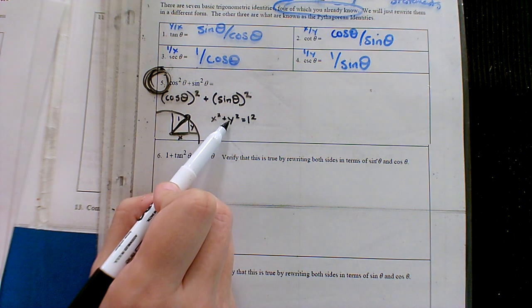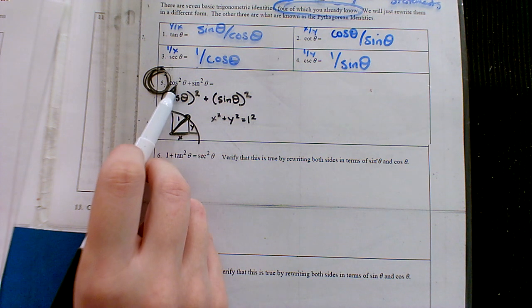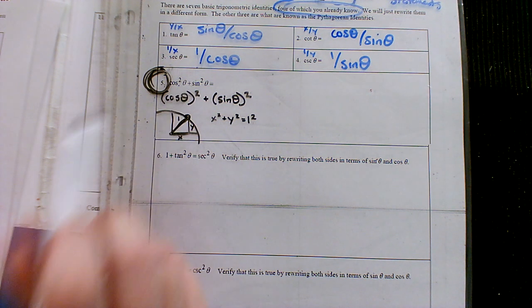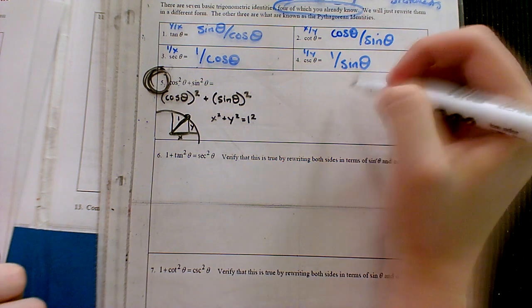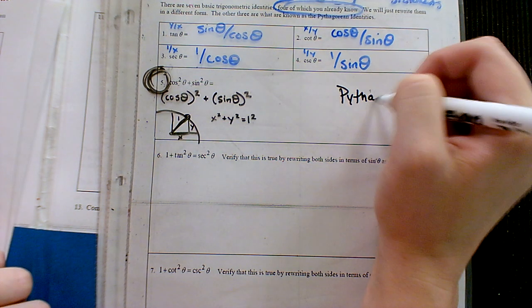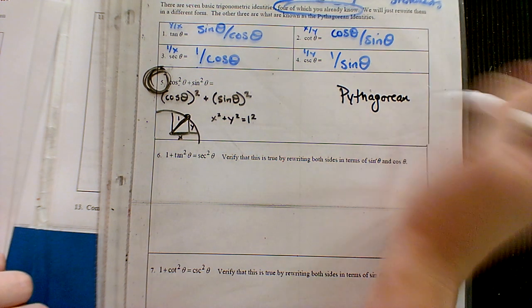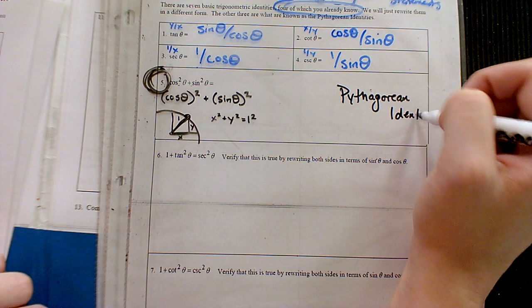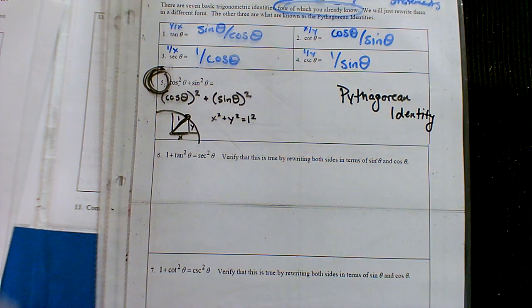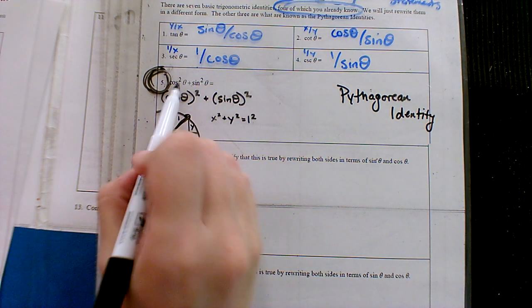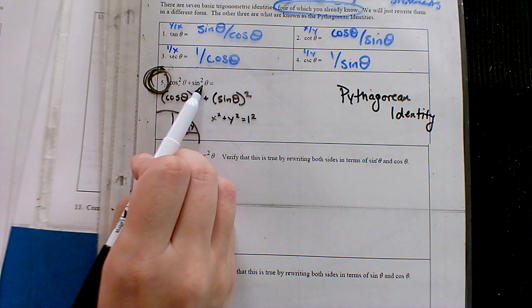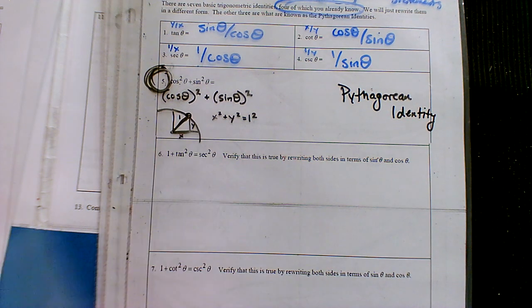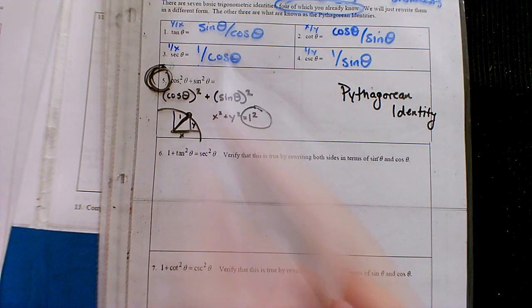So instead of x squared plus y squared, we're simply using cosine squared plus sine squared. Do you see that relationship? It's called a Pythagorean identity because it comes from the Pythagorean theorem. So what do you think this identity should equal? If this is x squared plus y squared equals, yeah, Rebecca? 1. Okay, 1 squared.